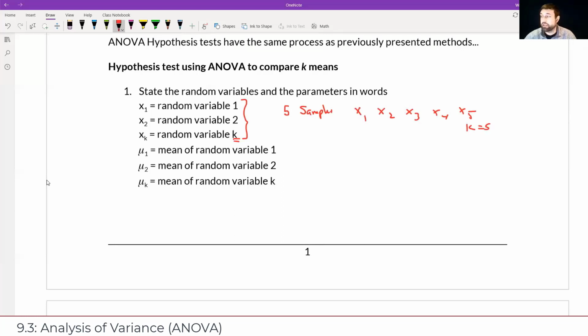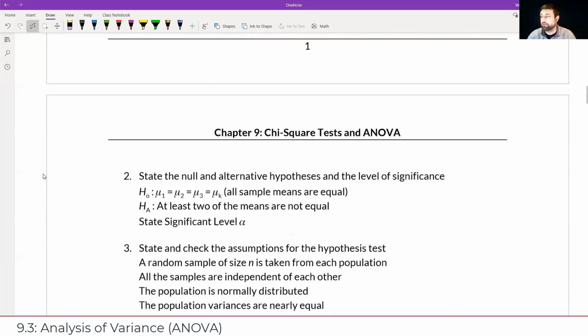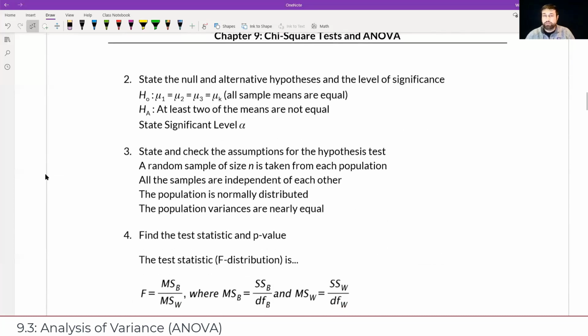For each sample, you calculate the mean. And then this is where you get into the hypothesis testing. The null hypothesis, the accepted hypothesis, is that all the samples have identical means, that the average of all 5 samples is the same.